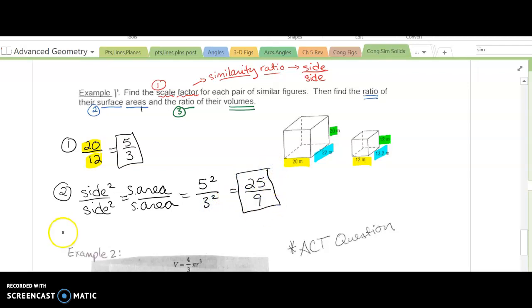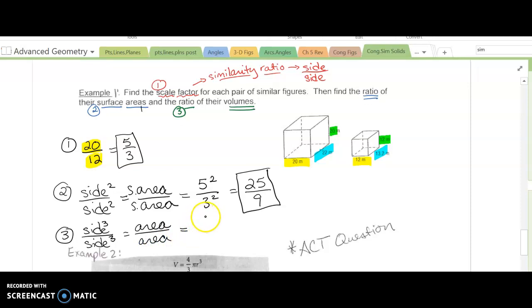And then for the volume ratios, same thing. I don't have to actually find the volume of each rectangular prism. I now have this fabulous shortcut that says whatever those volumes actually are will reduce to the same ratio of the side cubed to the side cubed.